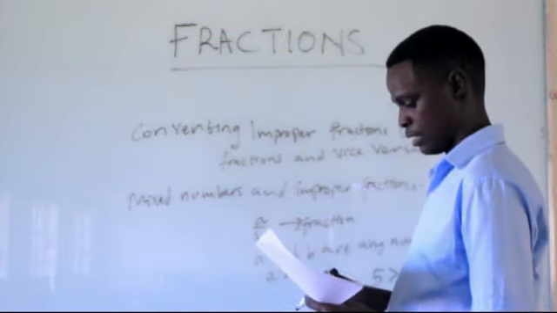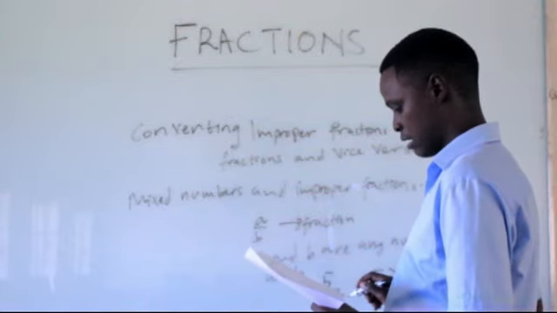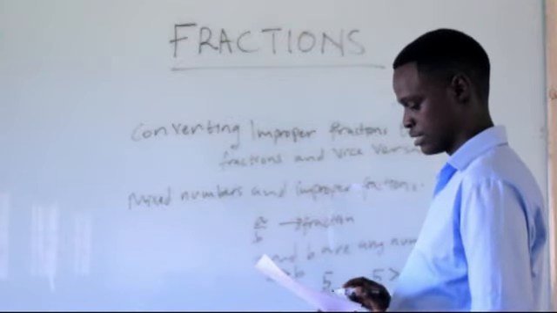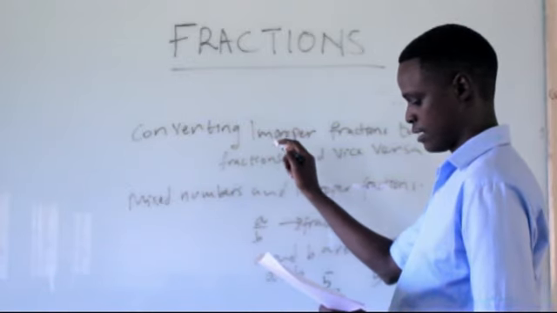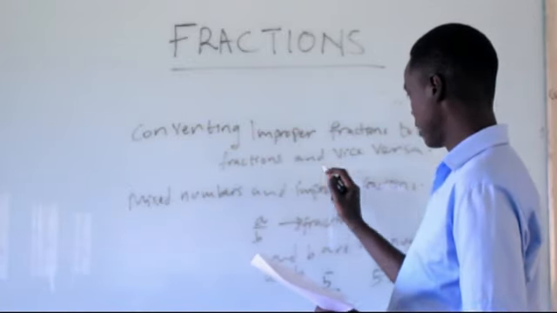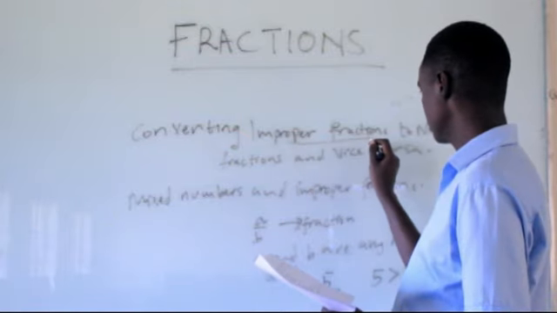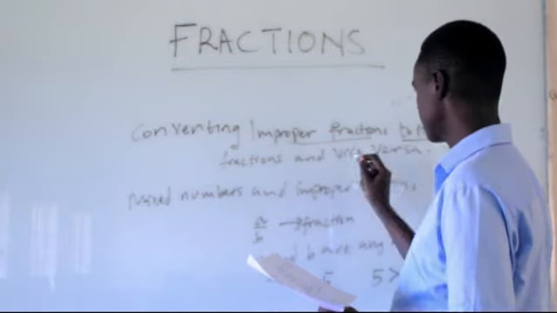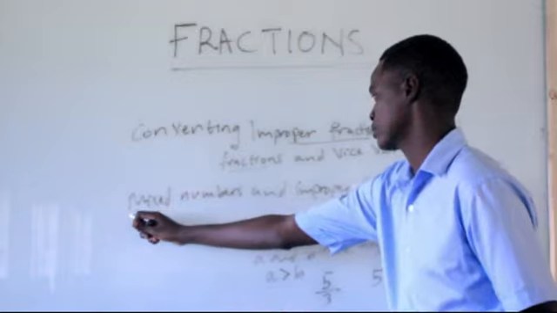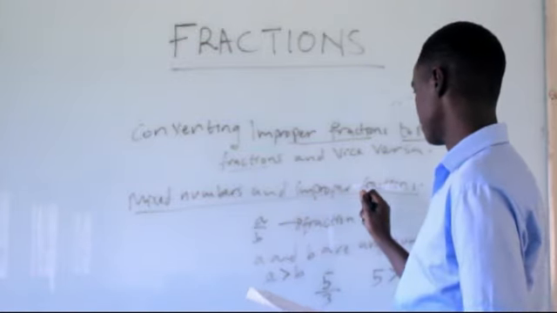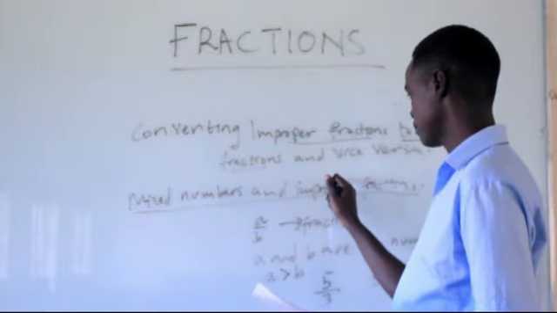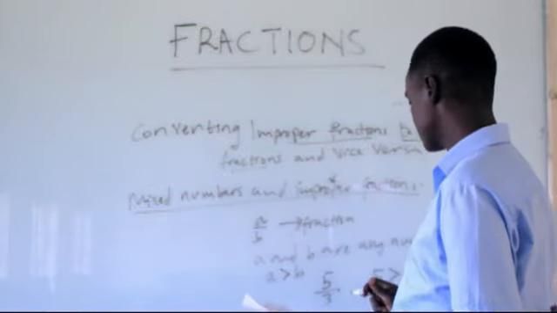and we want to look at how to handle such fractions, let us look at converting from improper fractions to mixed fractions. That is what we are looking at here, in mixed numbers and improper fractions, but we are converting from improper fractions to mixed fractions.